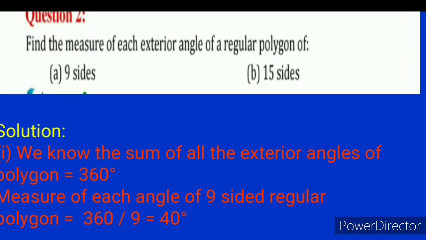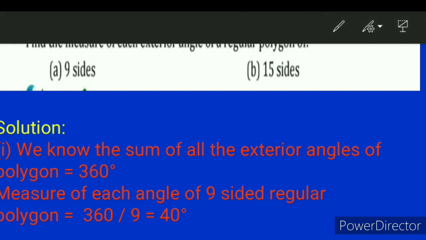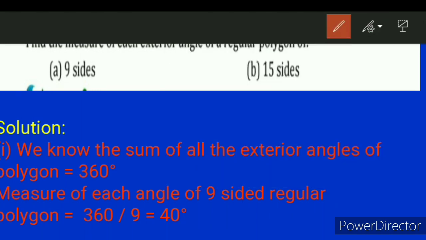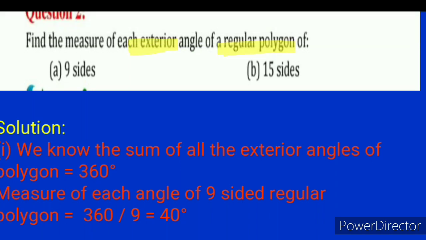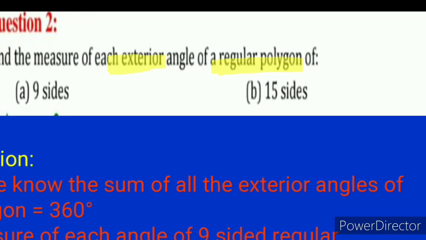Number 2. Find the measure of each exterior angle of a regular polygon. Here you should remember two words: exterior and regular polygon. Got it? These are the main points. Exterior angle, in your mind 360 degrees has to come.